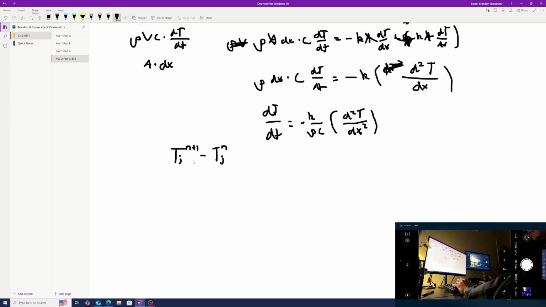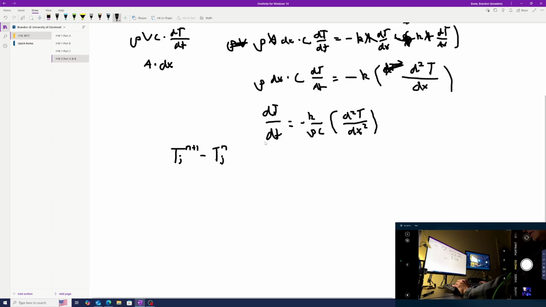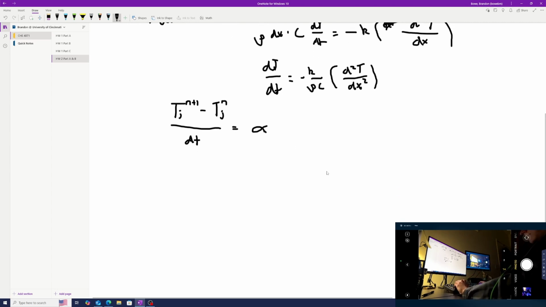And we know that the block we're in at the next time step, n plus 1, can be represented as our dt over change in time, so minus our k over rho c, which can be represented as our thermal diffusivity, or alpha, and then we have our second derivative of temperature and our dx squared.